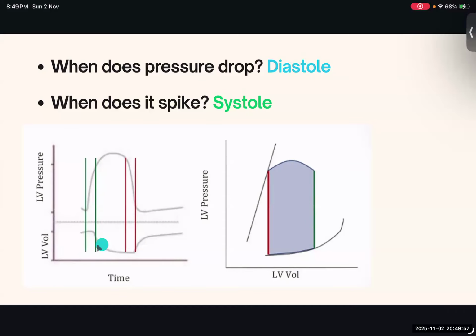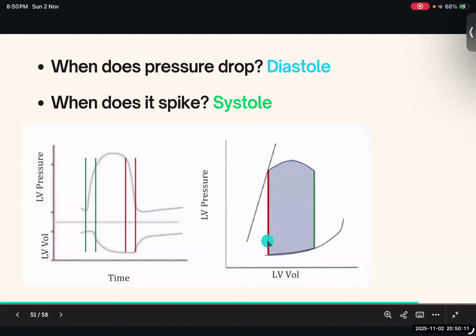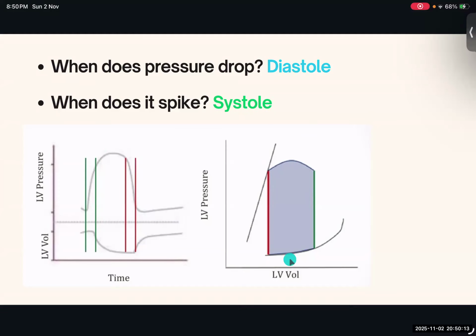And here, when it dips, the pressure is going to go down at the end of diastole, okay? So diastole is going to be this line right here where, ignoring volume, pressure goes all the way down. And then systole is going to be this line where pressure goes all the way up, okay?